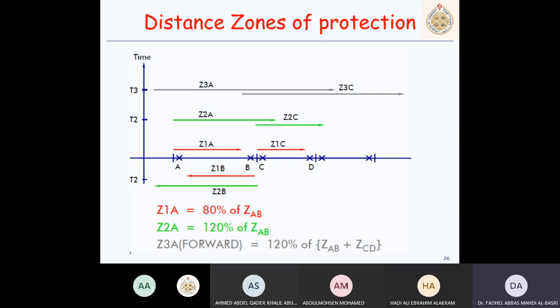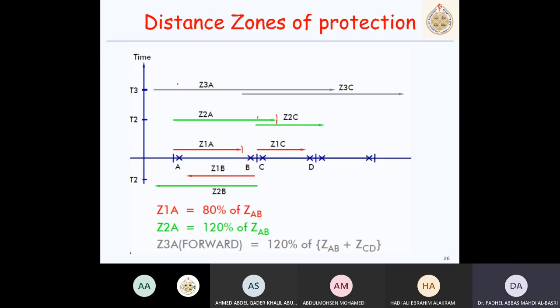Relay A looks forward in this direction, so it has zone 1, which covers up to 80% of line AB. Okay, and zone 2 of relay A covers 120% of line AB, so it covers up to here. So it covers 20% more than the line impedance.